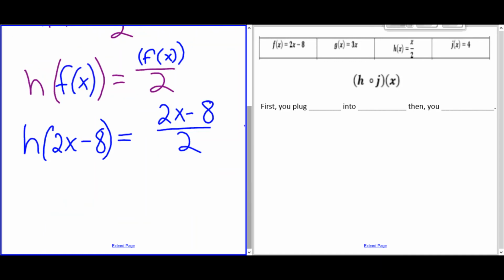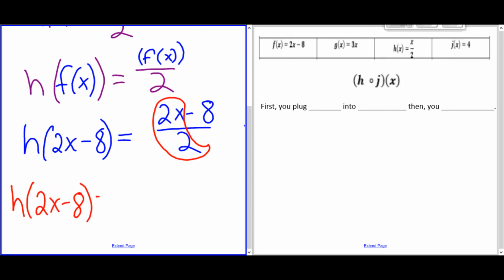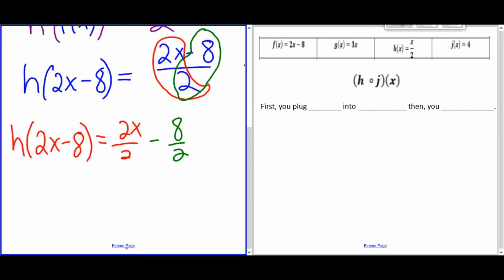And now let's simplify this. So we could rewrite this as h of 2x minus 8 equals 2x divided by 2, and then the other one, negative 8 divided by 2. So simplify this.